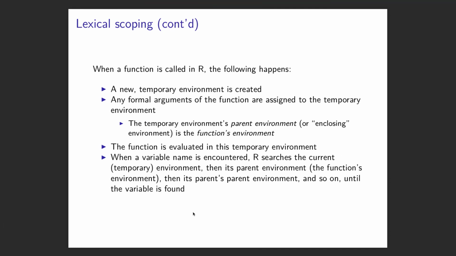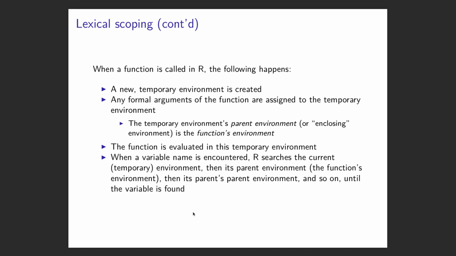All right, so a new temporary environment is created when you call a function. Any arguments of that function are assigned into that temporary environment. Every environment has a parent environment. So if you're in one environment and you're looking for something that's not in that environment, you go look in its parent.